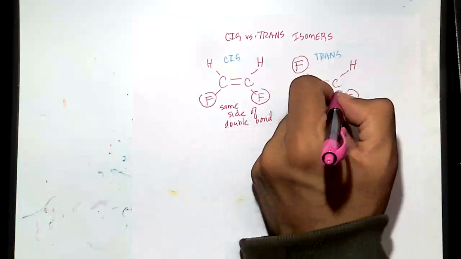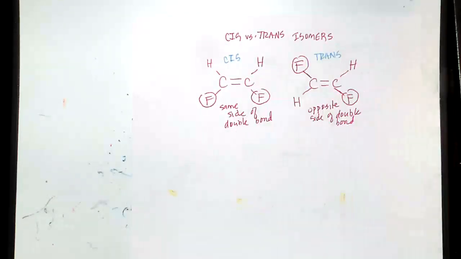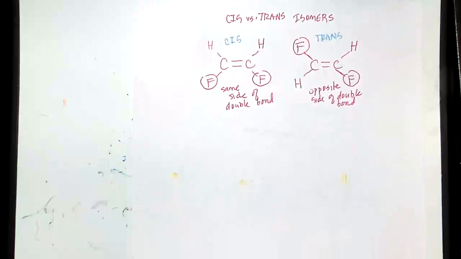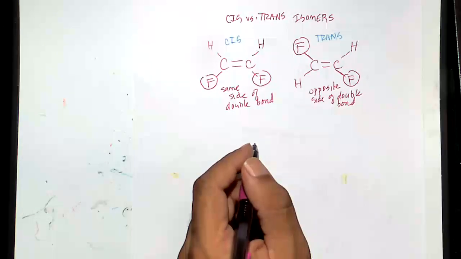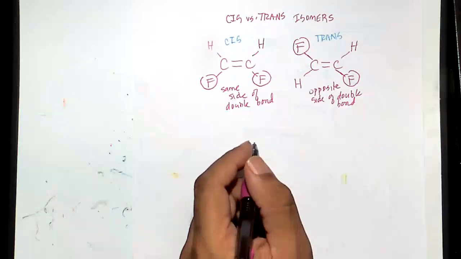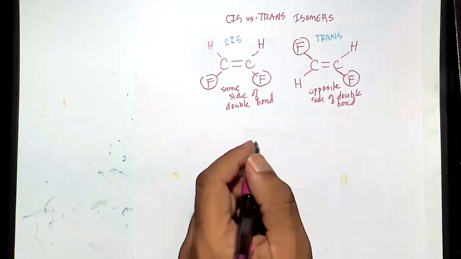If it's on the opposite side, it's the trans isomer. All right, and okay, so make sure you are comfortable with the cis-trans situation.